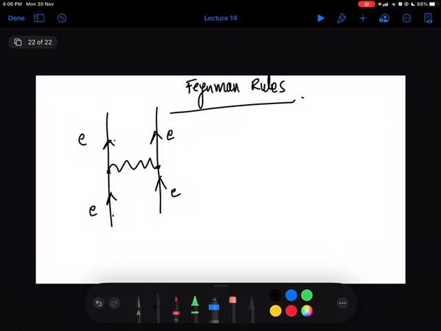The in and out states are free particles. At the interaction, you multiply all the free particle wave functions with the interaction strength and the propagator.